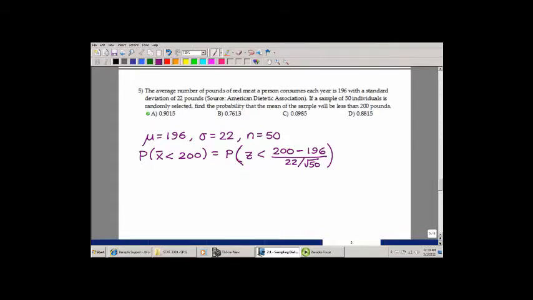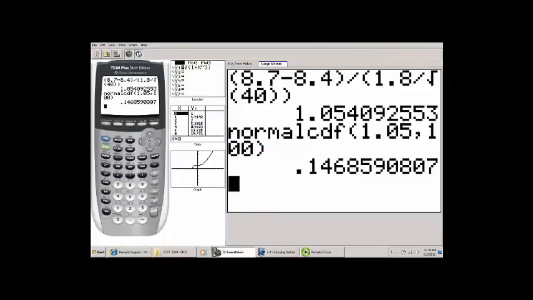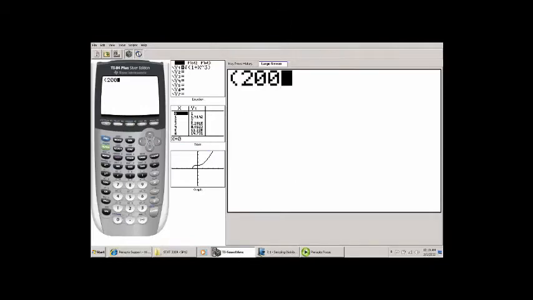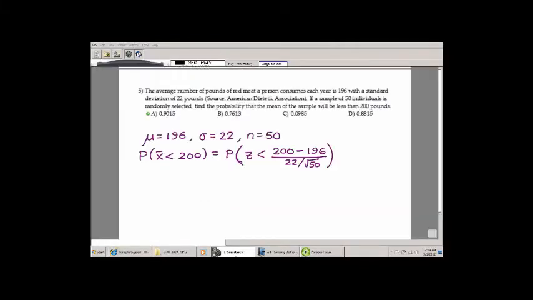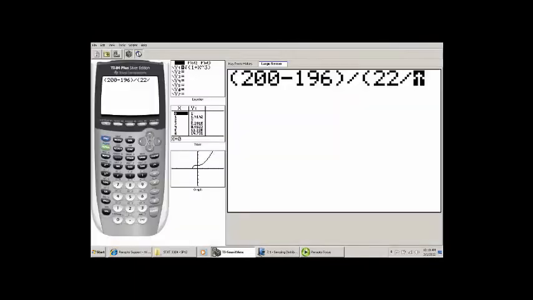So let's convert this to a z-score. We'll go 200 minus 196 divided by 22 divided by square root of 50.